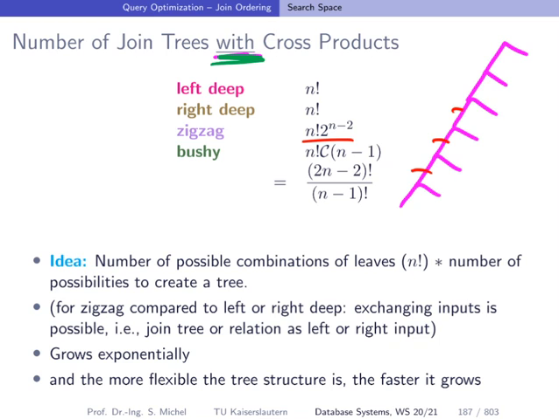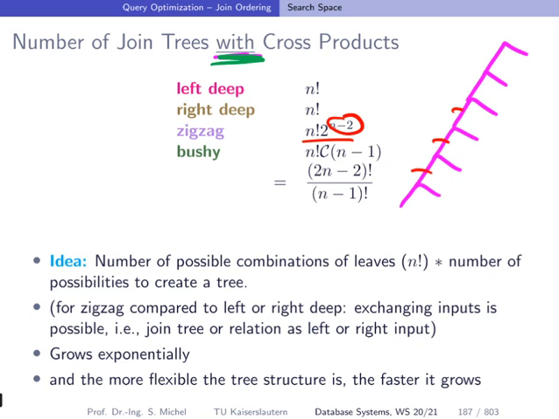So we have in total n-2 places in the structure of this left deep tree I have illustrated here. We have n-2 places where we can swap the inputs to make zigzag trees out of this left deep tree. Since we have n-2 places where we can swap, we have 2 to the n-2 alternatives. Every time we can decide, do we swap or not, for each of these n-2 places.